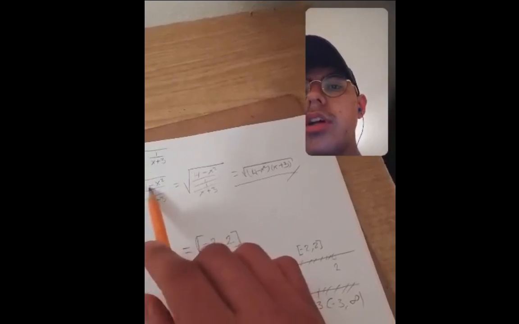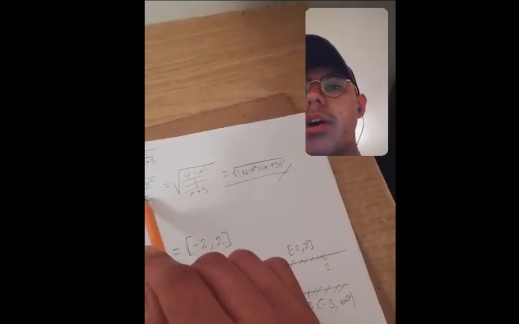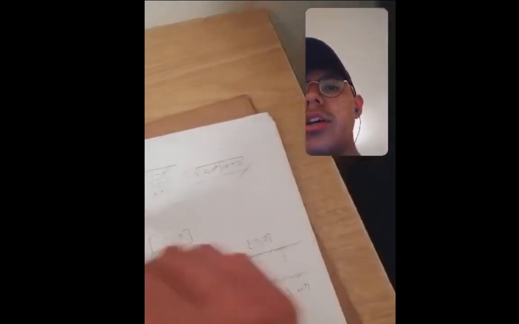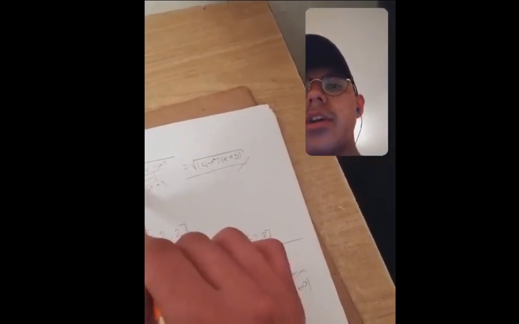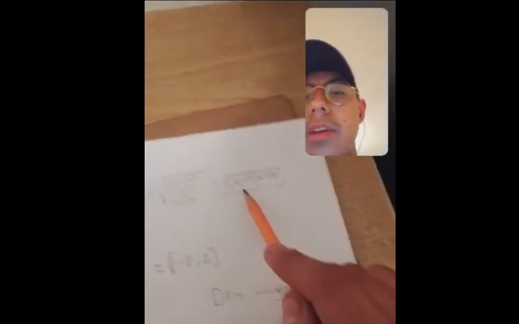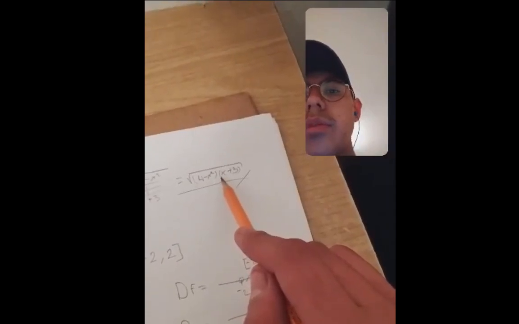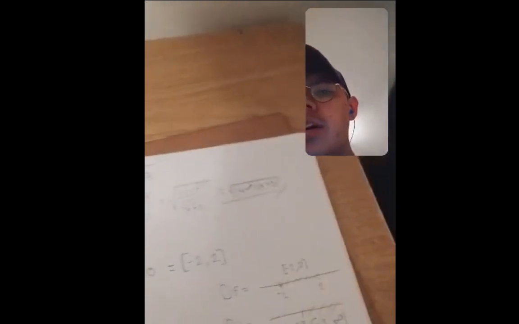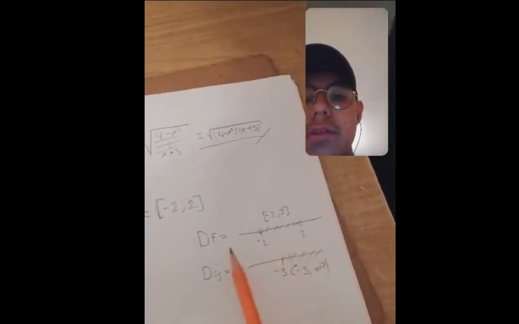Apparently this division of fractions is equal to the square root of 4 minus x squared multiplied by x plus 3. Now, this is the solution. Alright, we want to find the domain of function f.